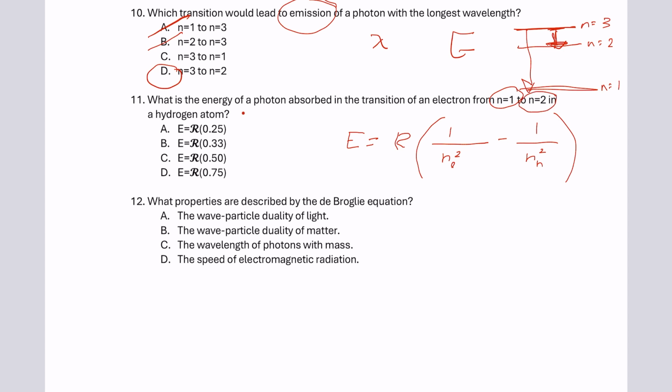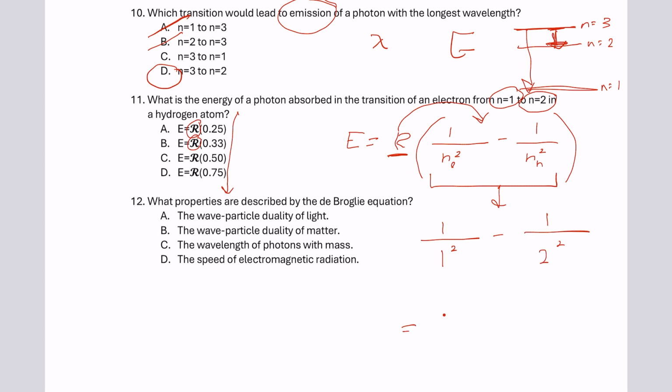Looking at the answer choices, we notice that R, the Rydberg constant, is not multiplied out. So we're not going to multiply the Rydberg constant with what's in the parentheses. Instead, we're going to solve for what's inside these parentheses and multiply it by R, keeping R as is. So let's work on that part. The lower energy level is 1, so this is 1 over 1 squared minus 1 over 2 squared.